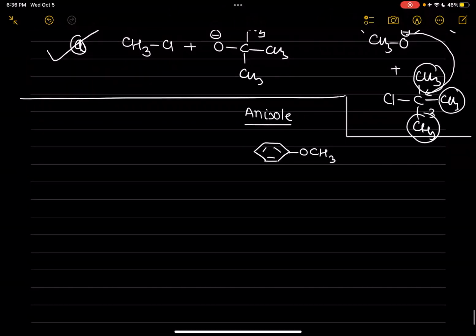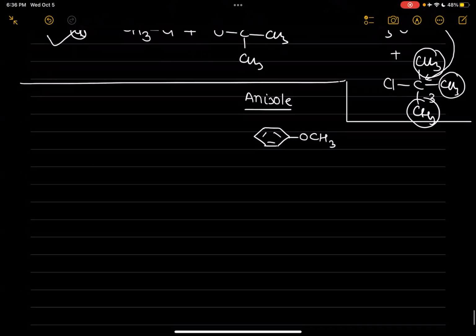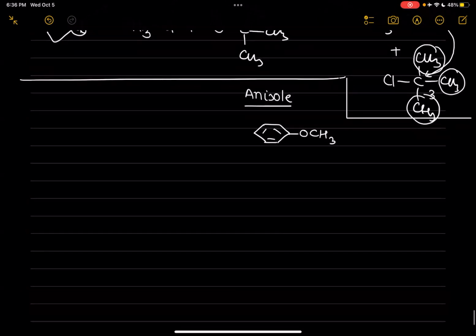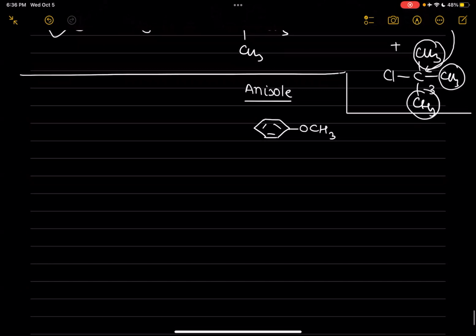And how are you going to prepare it? Actually, by Williamson ether synthesis, how are you going to prepare it? I can give you the two choices which we have in front of us.